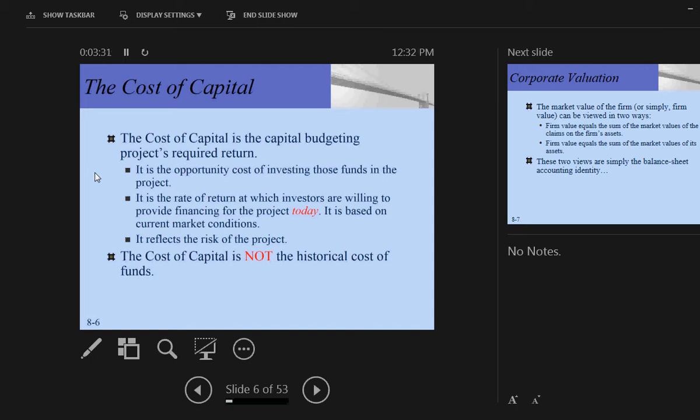So you do not look at the accounting figures of a particular firm to find out what the cost of capital for existing projects or the future projects could be. You would actually have to look at the perspectives of the particular project and the risk within the firm, so on and so forth. And then that's going to help you get to the notion of cost of capital.